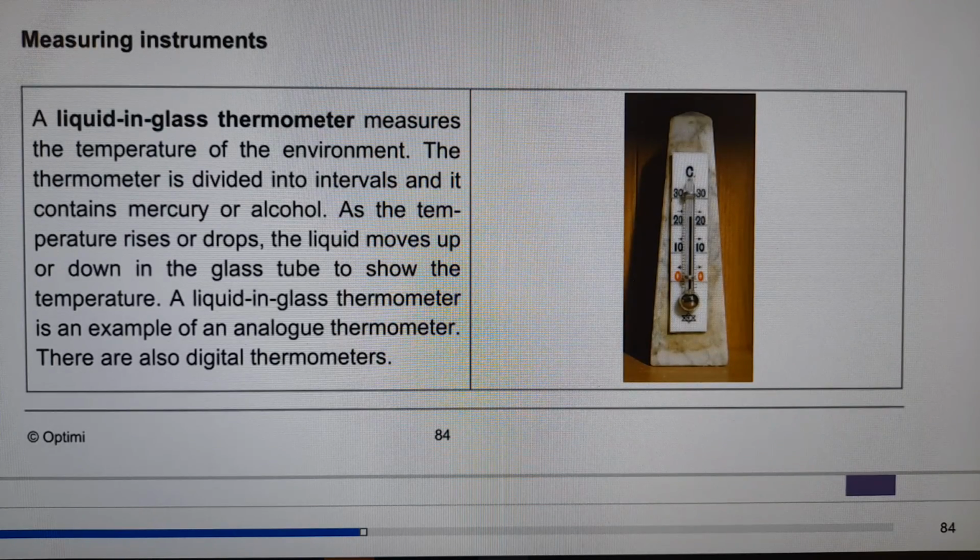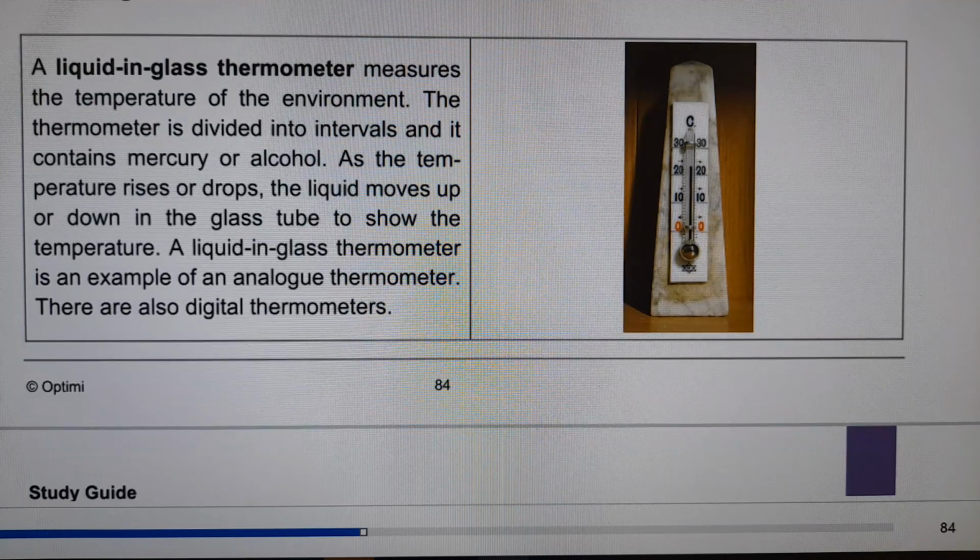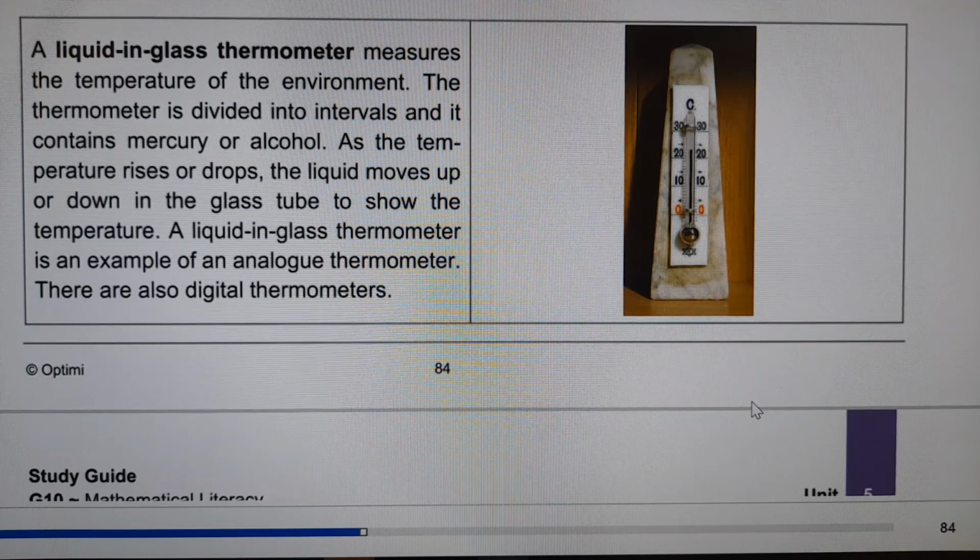And the measuring instruments that we use for temperature are thermometers. Okay, but we've got different types of thermometers. The first one is a liquid in-glass thermometer. This thermometer measures the temperature of the environment. The thermometer is divided into intervals and it contains mercury or alcohol.